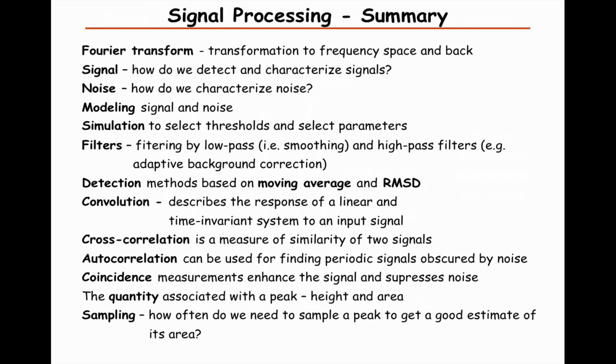And related to convolution is something called correlation, which we can use to measure similarities between signals. And an extension of that is autocorrelation, where you correlate the signal with itself to look for periodicities that might be obscured by noise. We actually didn't talk about how to do coincidence measurements, but yes.